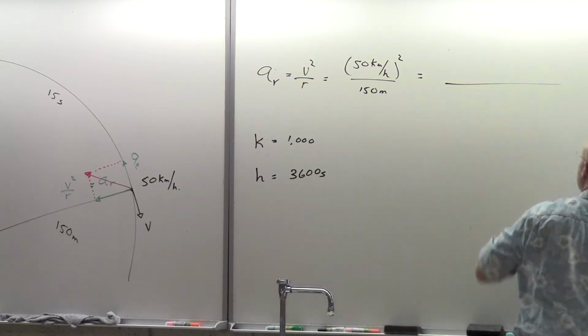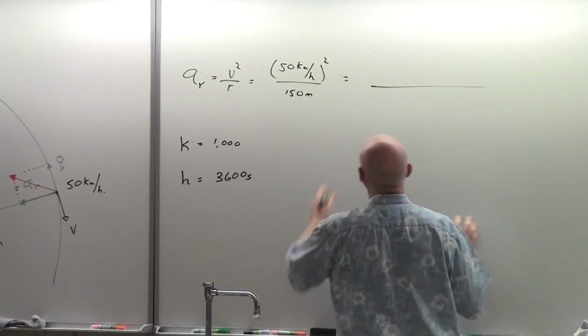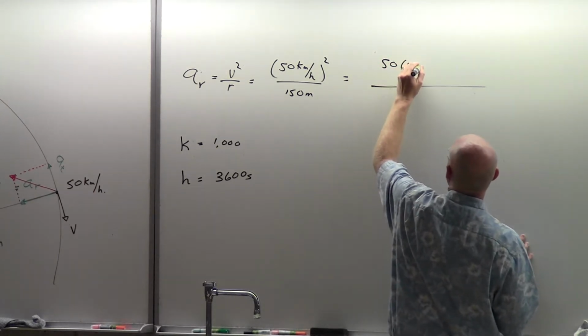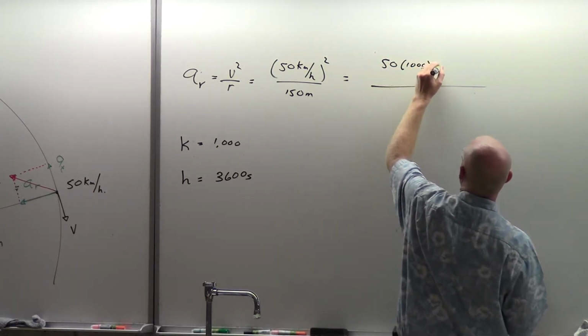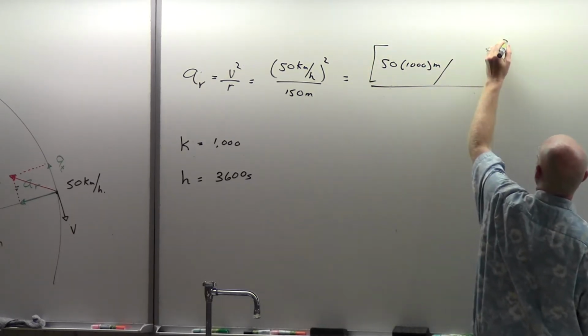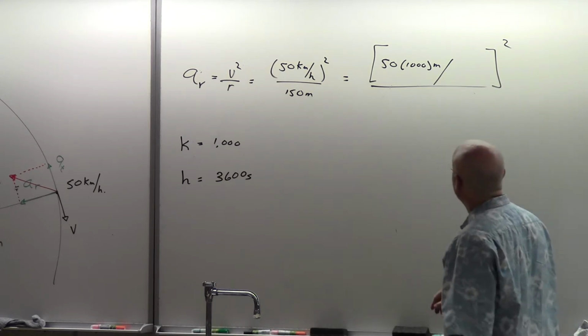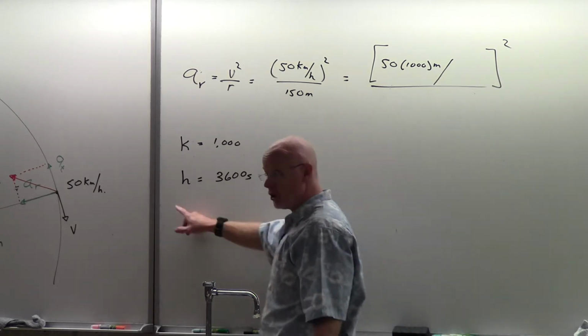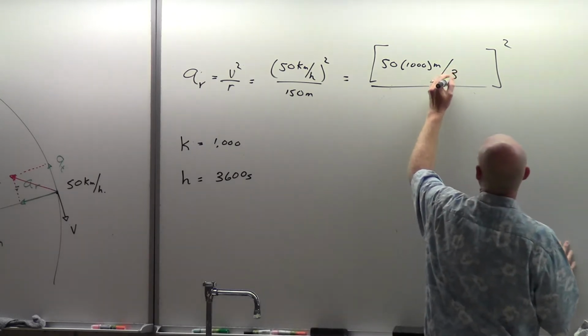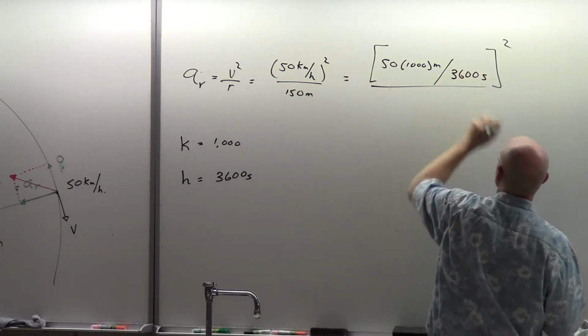So doing a direct substitution for our unit conversion, I'll leave the number 50 alone. But in place of the k, I will put 1,000. And in place of the h for hour, I will substitute 3,600 seconds.